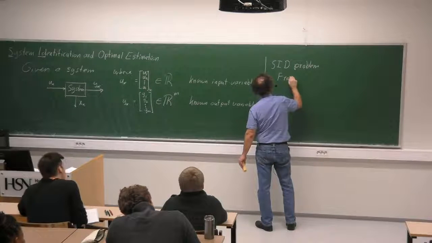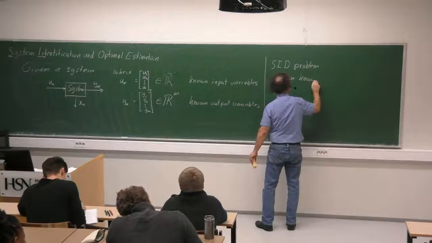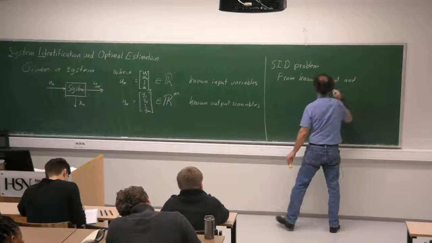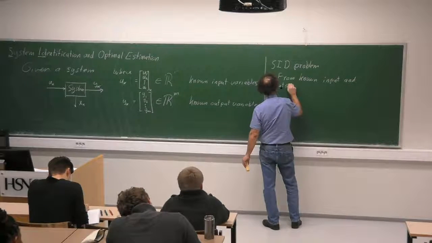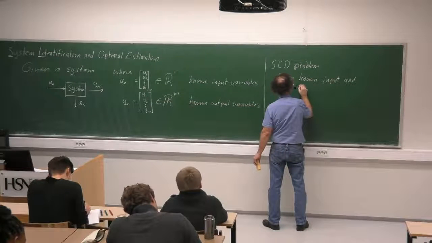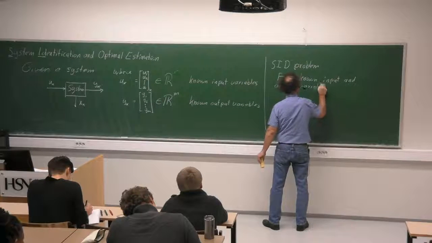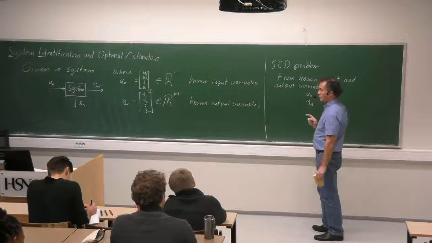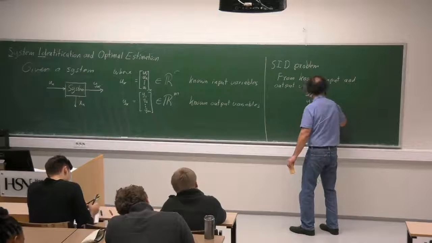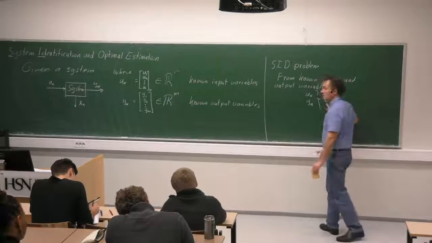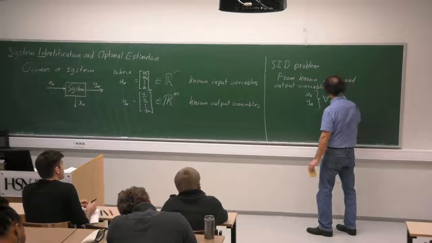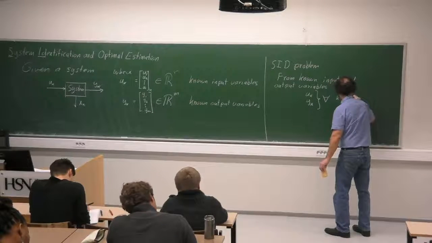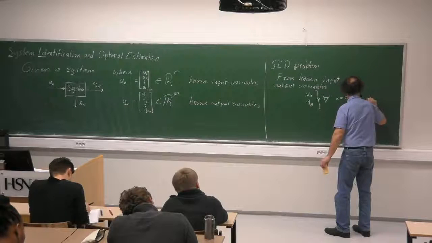From known input and output variables u_k and y_k, but we need a number of observations, for all discrete time instants from k equal to 0, 1, 2, and so on.